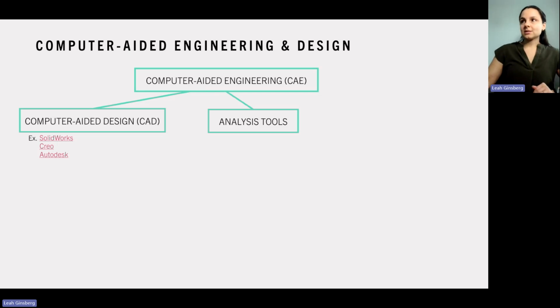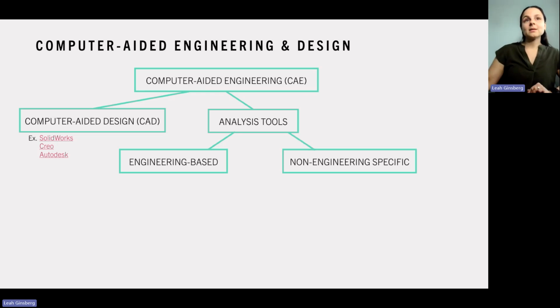Then we have our analysis tools, and these we can break down further into engineering-based analysis tools and non-engineering specific analysis tools. So on the non-engineering specific side, we have things like math solvers, which some examples of that are Maple, MathCAD, MATLAB, things that are not used exclusively by engineers, but can solve mathematical problems for you.